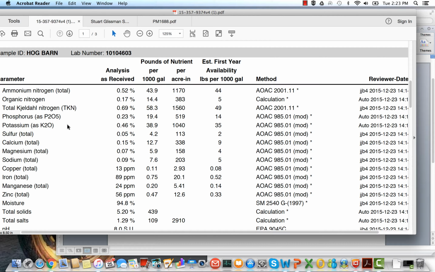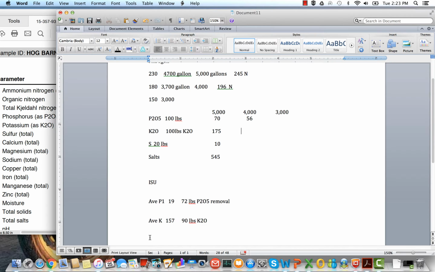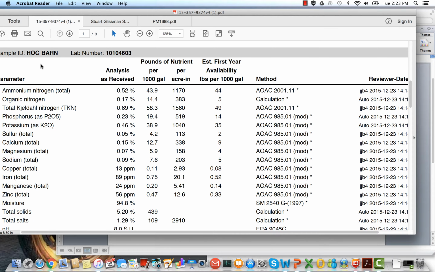So again, on the potassium side, we've got 35 pounds times 4, and that's 140. So we've got 140 pounds of K2O, so we're still meeting our potassium needs, both from the Midwest Labs rec or the Iowa State rec. The sulfur, that's going to be a little lower. What were we, 2 pounds of available sulfur?